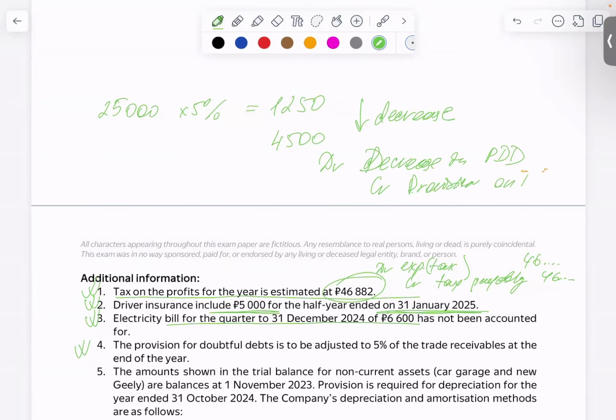I abbreviate a little bit. We have to debit by the delta between the provision required and the provision which was in our records. The delta would be 3,250. So an entry should be made in this amount, 3,250.